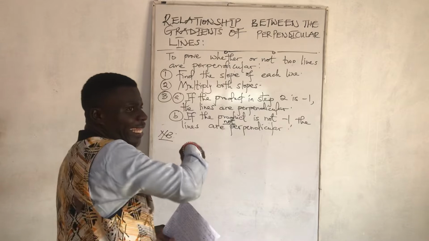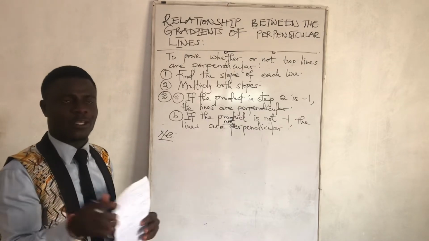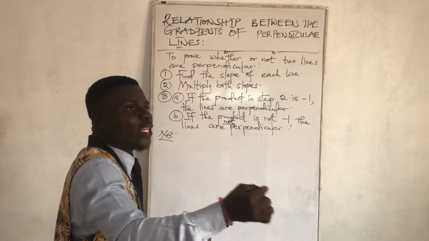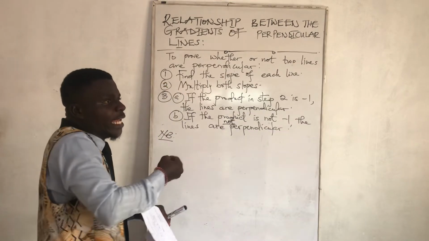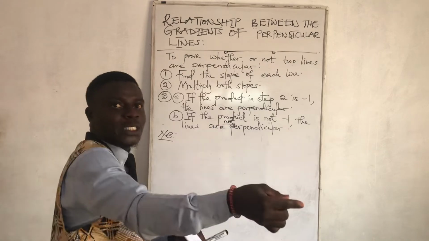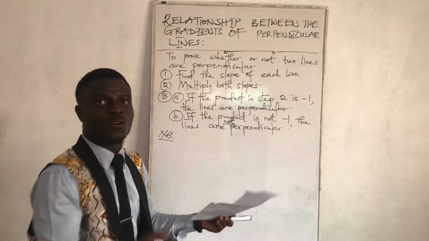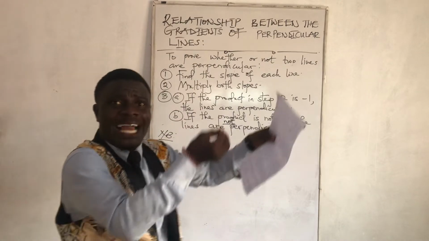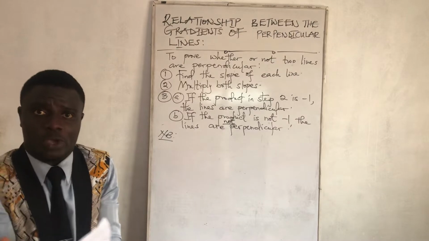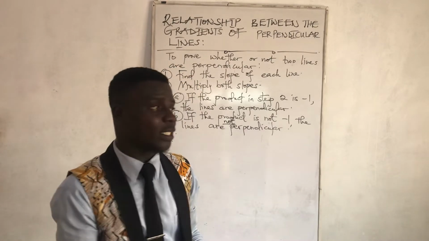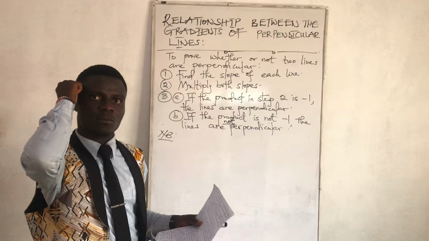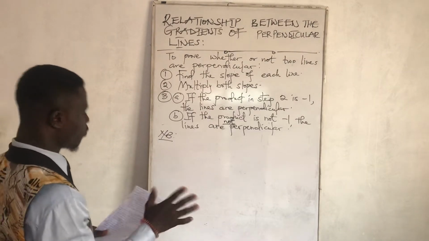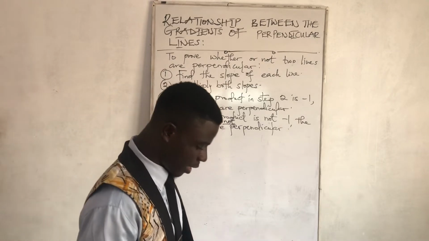Since the known gradient is negative already, we don't bring the negative again for the unknown gradient. So -1/3 times positive 3. So the unknown gradient is now +3. When you multiply -1/3 times +3, you get -1. I believe you are getting it. That's what we are seeing here.